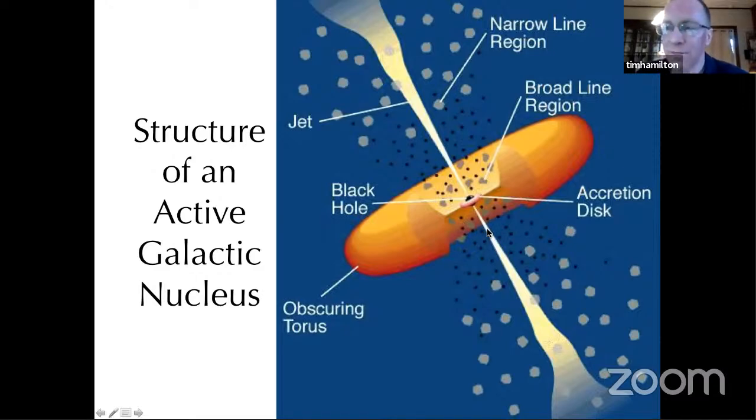These are hot, thin clouds of gas, which will be hydrogen, oxygen, and many other elements found in the center there. And those are orbiting close to the black hole. Because they are close to the black hole, they get irradiated with the ultraviolet light from the accretion disk that will ionize parts of the broad line clouds, and they will fluoresce.